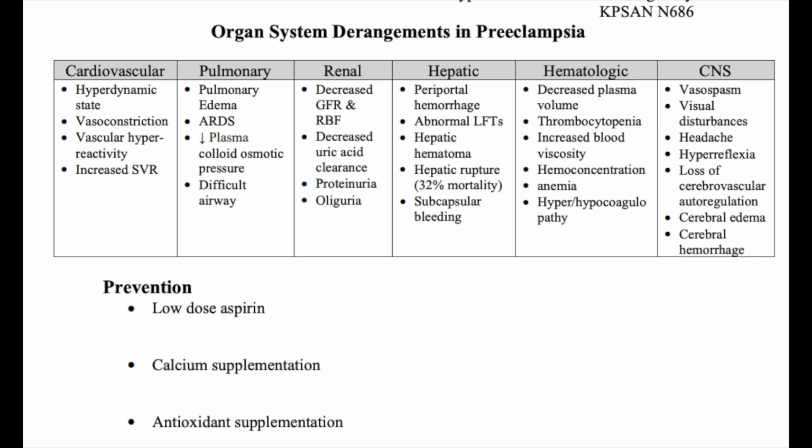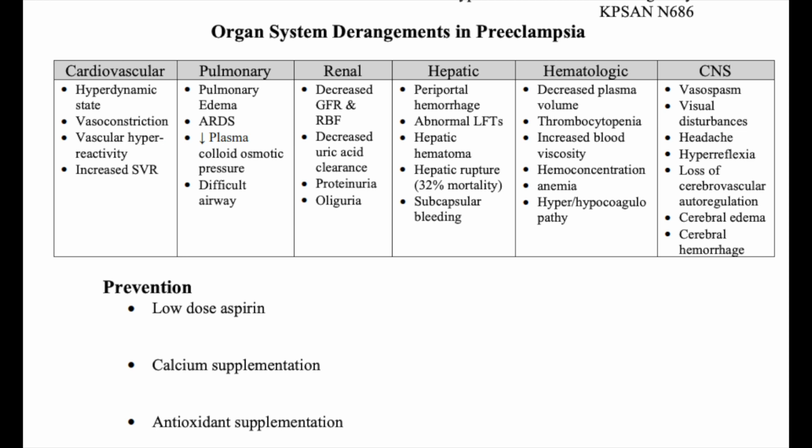In the pulmonary system, these patients are also at risk for pulmonary edema due to a decreased colloid osmotic pressure, due to urinary loss of albumin, and increased capillary permeability, which leads to interstitial accumulation of fluid in the lungs. These patients have an exaggerated response to IV fluid administration and are at very high risk for a difficult airway due to all the edema in the upper airway and larynx, which is normal in pregnancy and can be exaggerated in patients with preeclampsia.